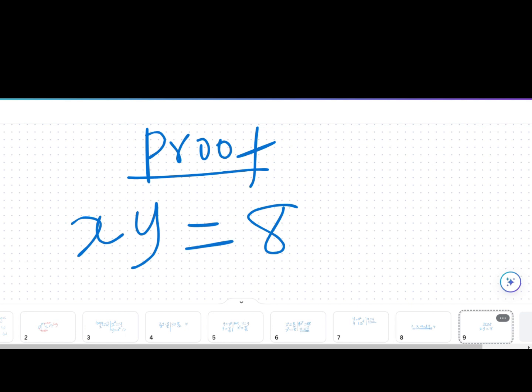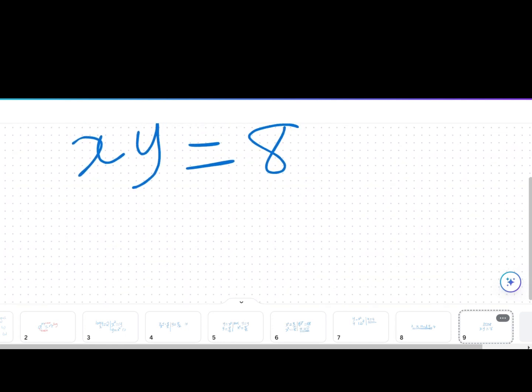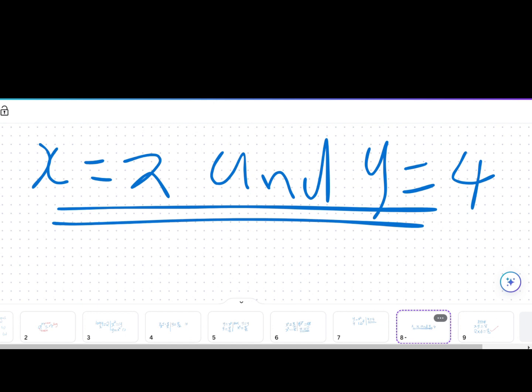And here, our x is 2 and our y is 4. So 2 times 4 is equal to 8. Then it is true that x is equal to 2 and y is equal to 4.